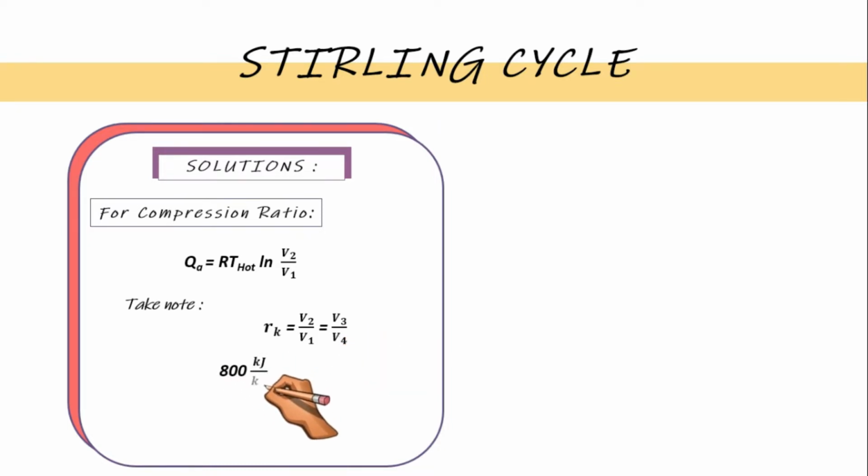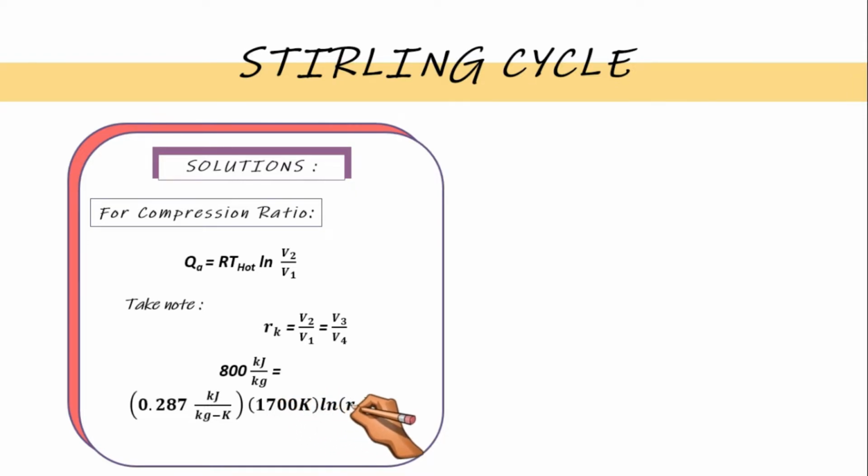Now, 800 kilojoules per kilogram equals 0.287 kilojoules per kilogram Kelvin times 1700 Kelvin ln of RK. Now, evaluate. The answer is RK equals 5.154.